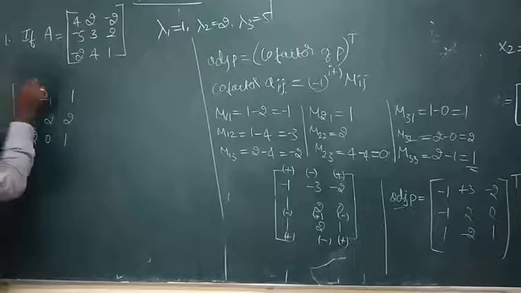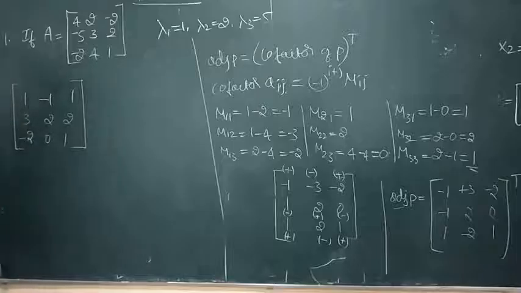Transpose means changing rows into columns. Okay, this is the adjoint of P.